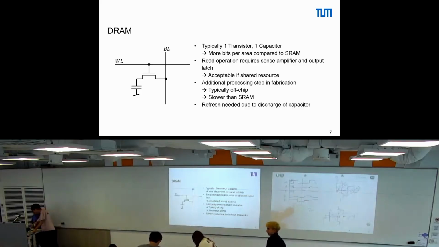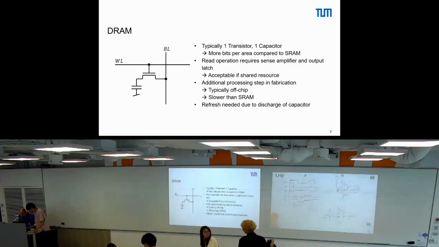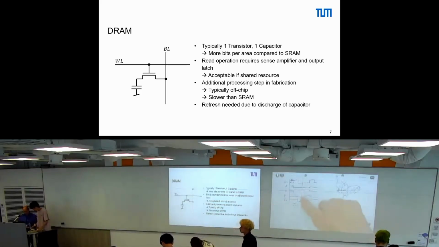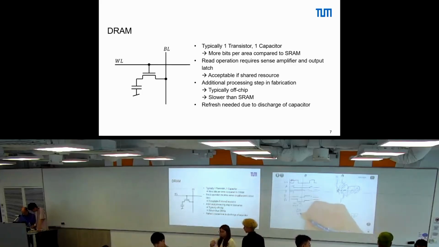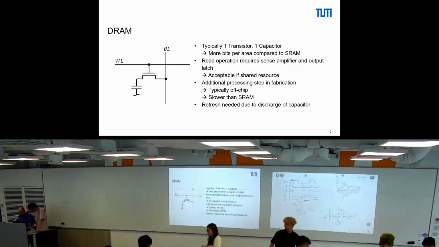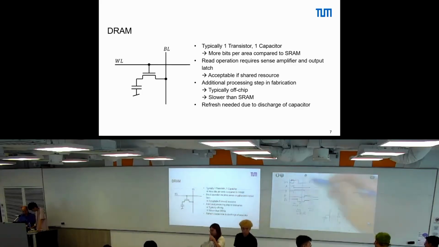Both BL and BL bar can go the same together. Can you repeat, please? BL and BL bar can go 0, 0 and 1, 1 together. I thought if BL then BL bar must be the opposite. So effectively, what I wanted to say here is they can have any value because we do not enable the write.